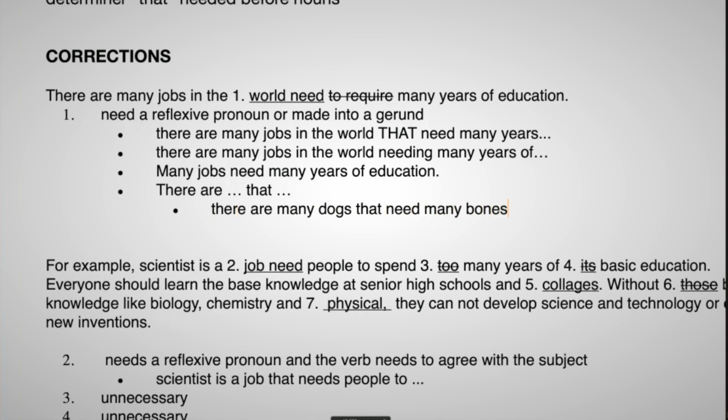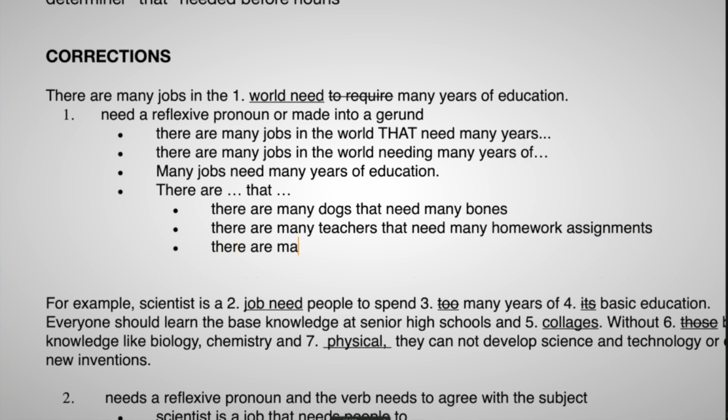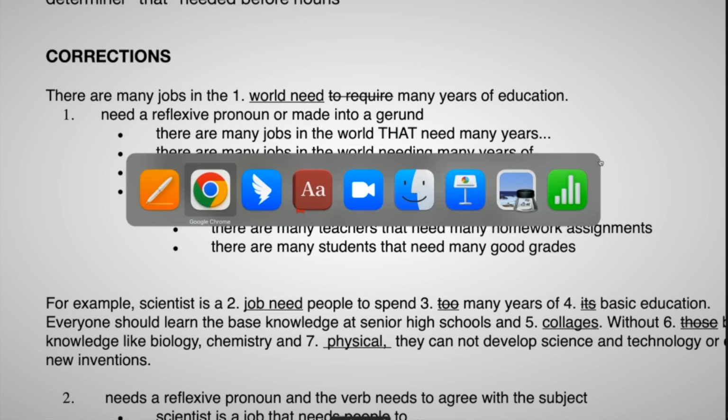There are many teachers that need many homework assignments. There are many students that need many good grades. So whenever we use there are, we also for whatever reason need the relative pronoun.